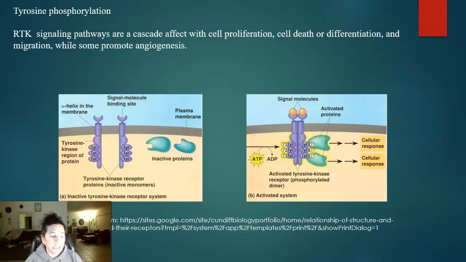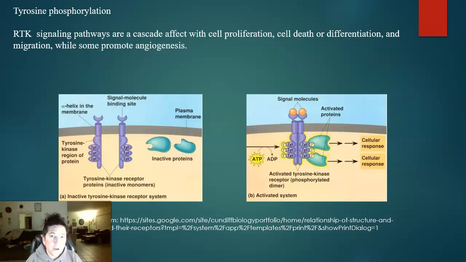So signal transduction is started by a sequence of growth factor, or the ligand, binding to the extracellular domain, as I had mentioned, and then the dimerization of the receptor proteins and the autophosphorylation of the receptor.